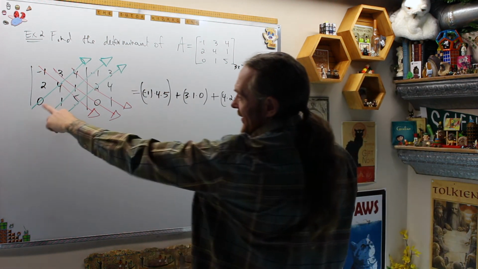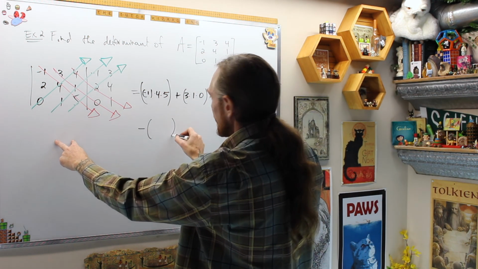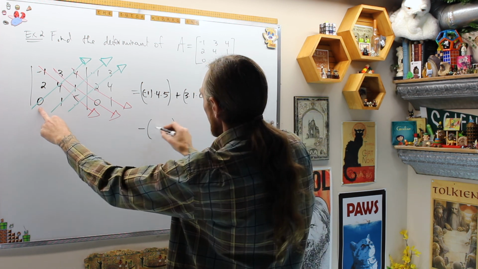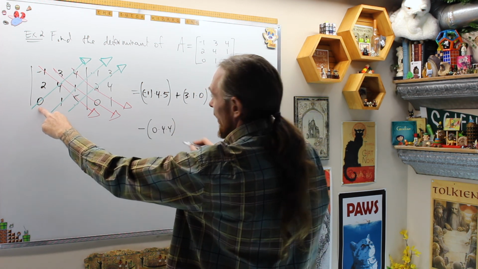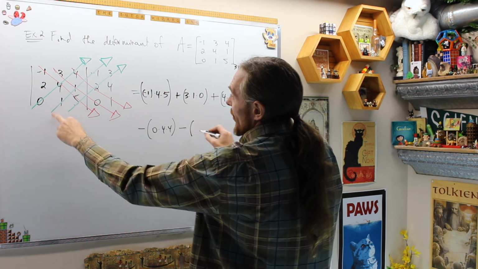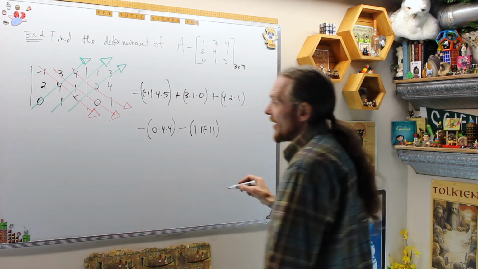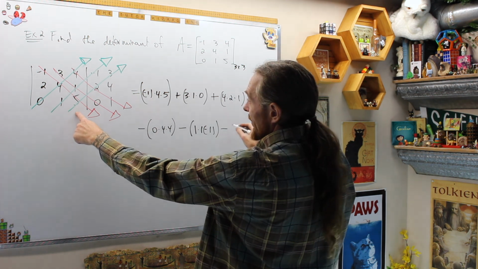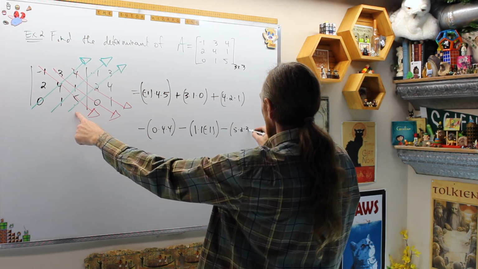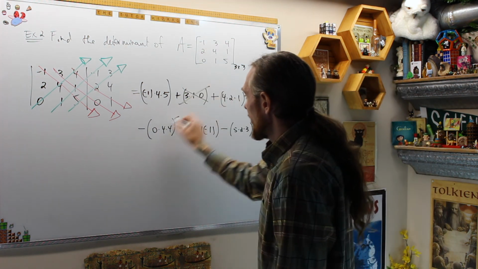Then we're going to get minuses of the green ones. Minus 0 times 4 times, I don't care. Minus 1 times 1 times -1. And then here, I'm going to get minus 5 times 2 times 3. Which is going to give me gone, gone.